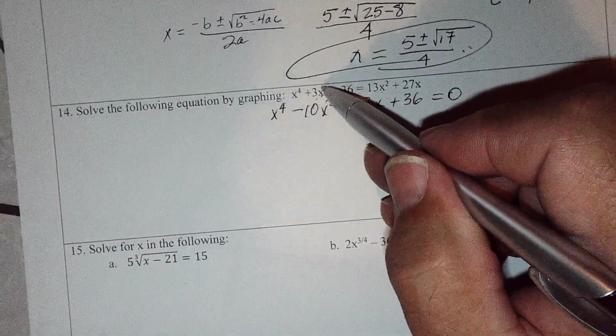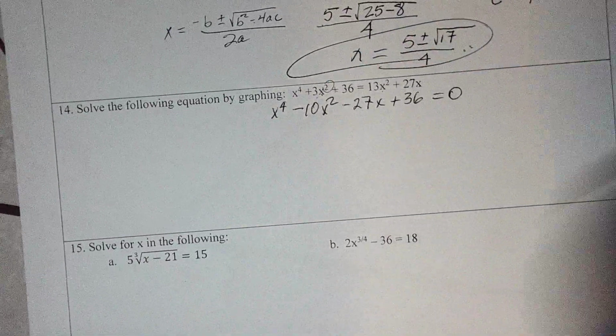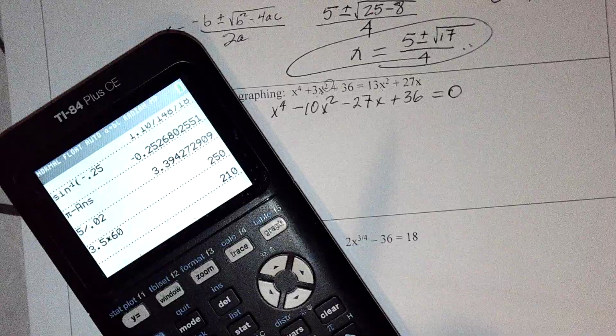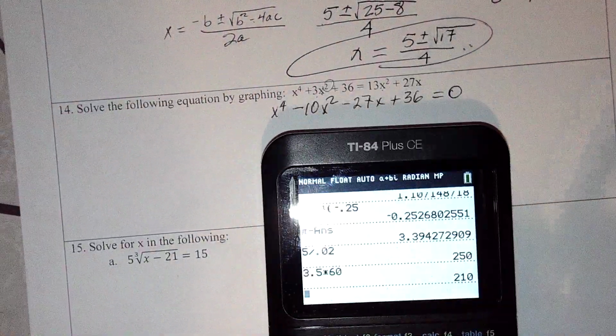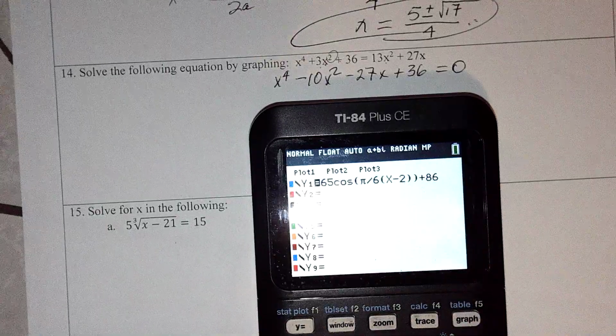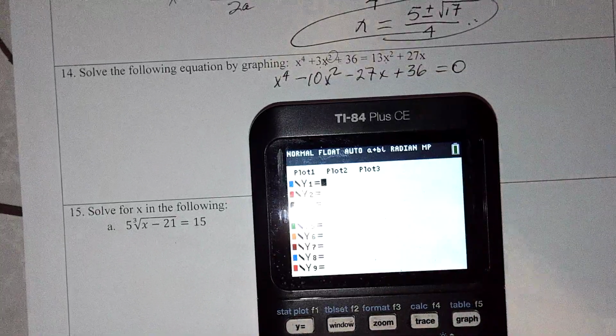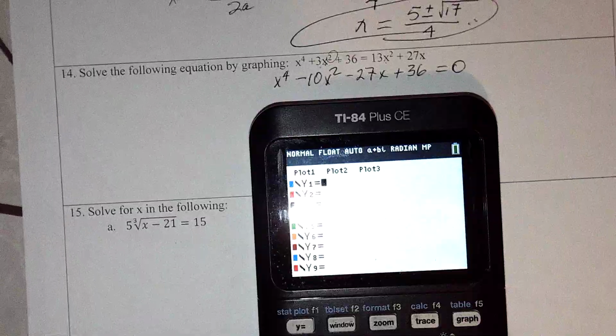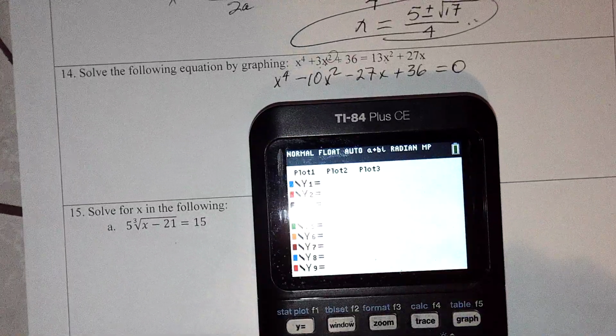And I think I meant that to be cubed, and I didn't write cubed. So this is going to give me ugly answers on the graph, but that's okay. We'll get the ugly answers here, and I'll try to make them come out to be nicer numbers on regular here.